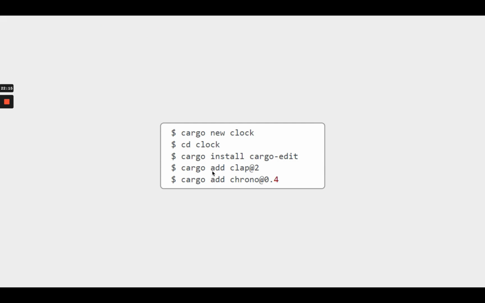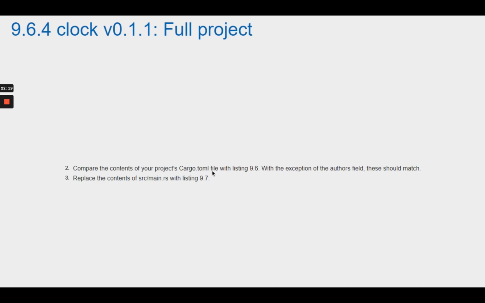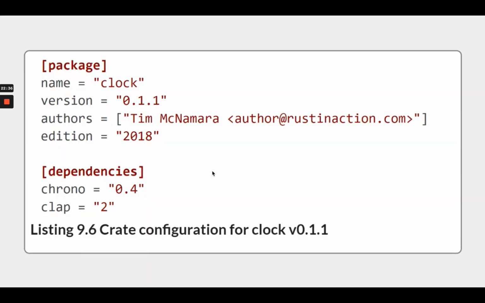1. From the command line, execute these commands. 2. Compare the contents of your project's Cargo.toml file with Listing 9.6. With the exception of the authors field, these should match. 3. Replace the contents of src/main.rs with Listing 9.7.